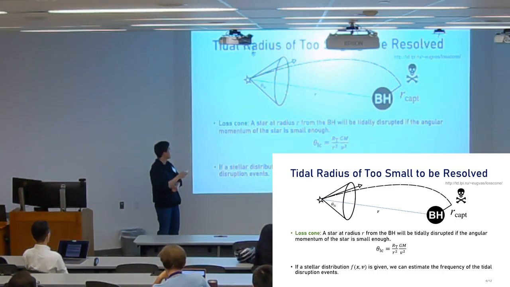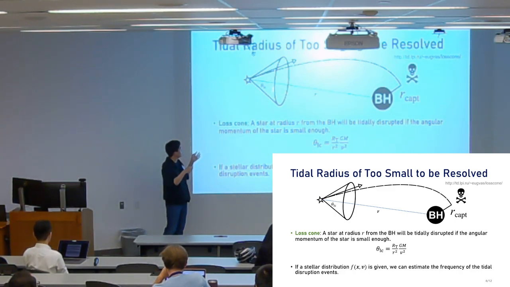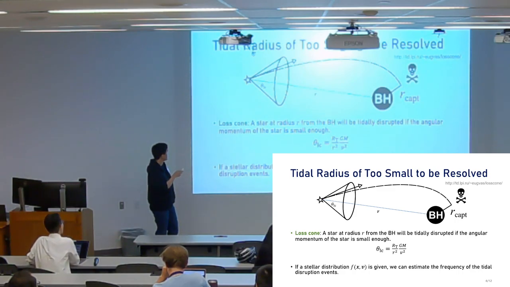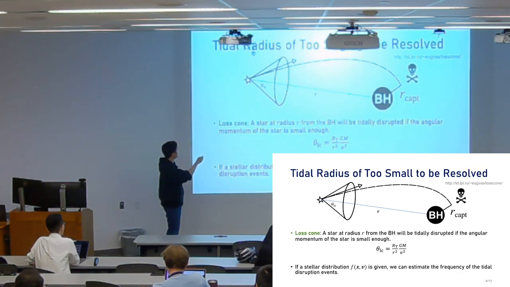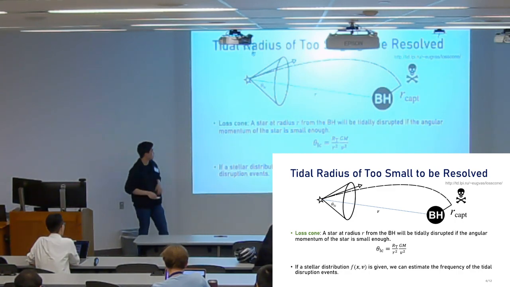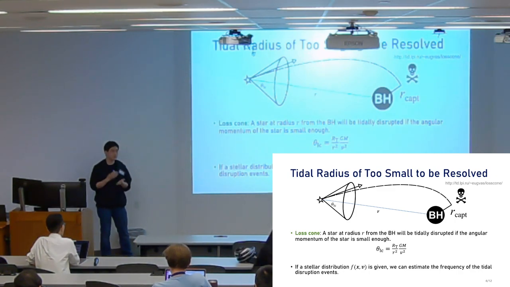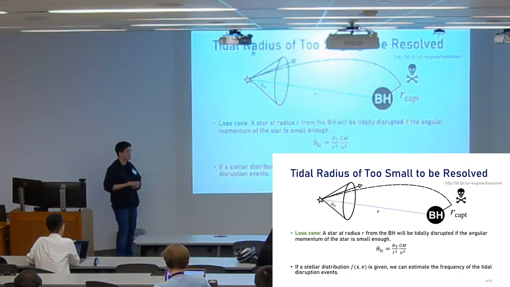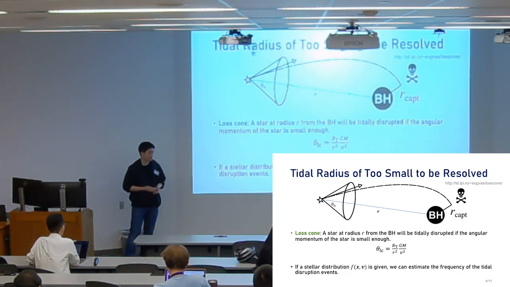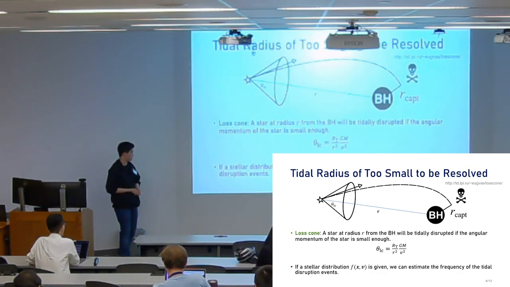The set of directions of momentum looks like a conic region like this. If it goes like this, it will not go through the tidal radius, but if it goes like this, then it will be captured by the black hole. This conic region is called the loss cone. So if we know the stellar distribution around the black hole, then we can theoretically estimate the frequency of tidal disruption events.